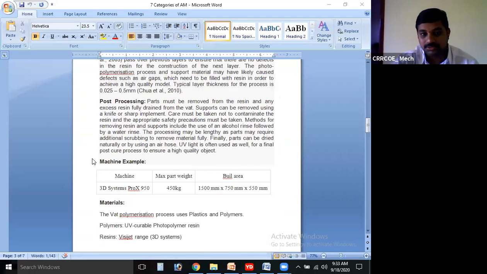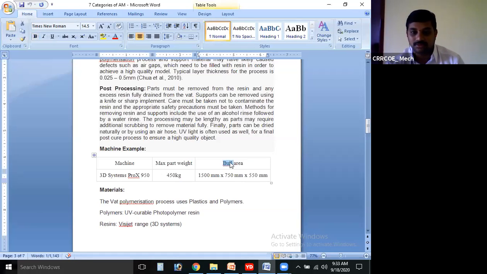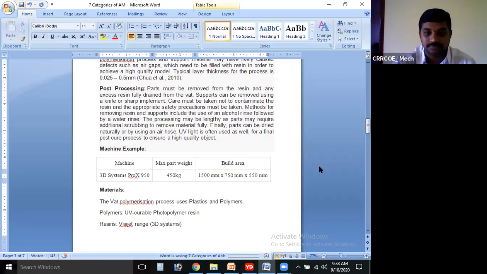Coming to this example, they have taken the 3D Systems ProX 950. That is the machine name. The maximum part weight limitation is 450 kgs, and the build area is 1500 mm by 750 mm by 550 mm.